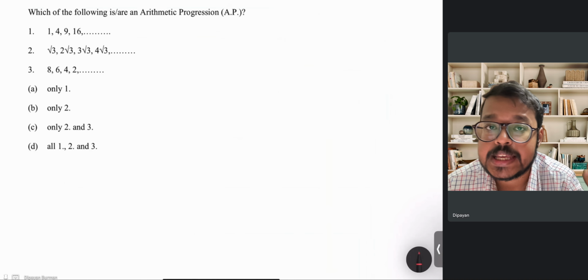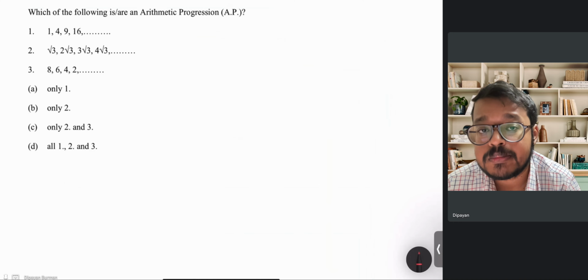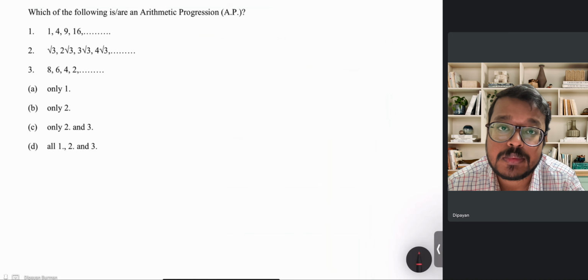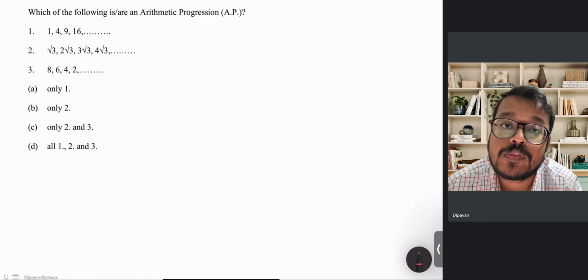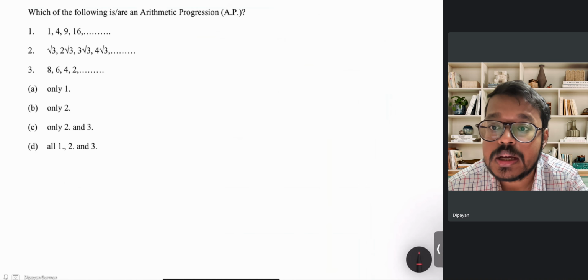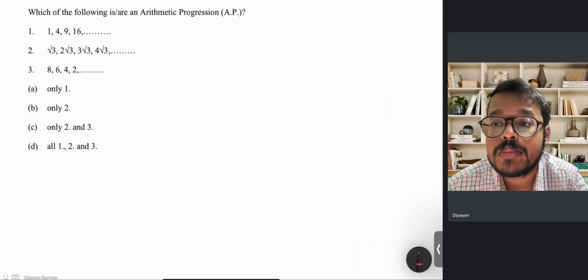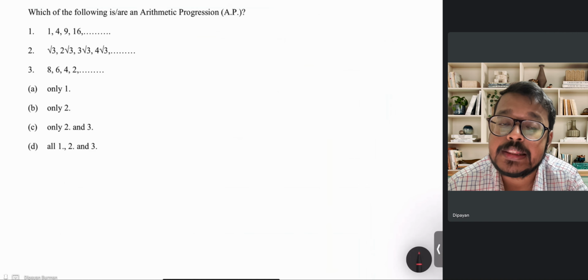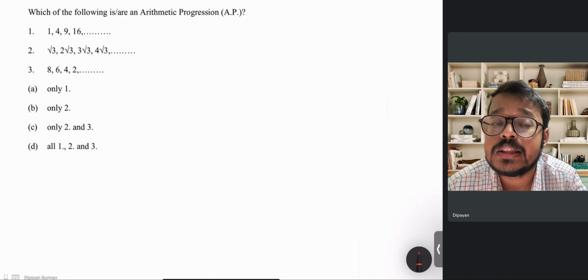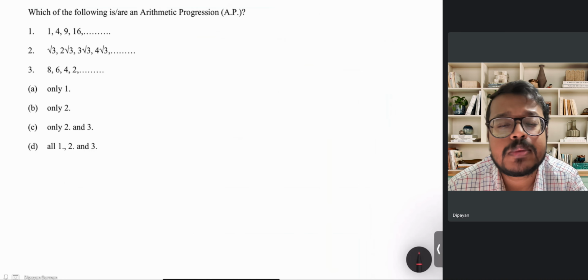Like if I take the second number minus the first number, is that same as the third number minus the second number? And is that also same as the fourth number minus the third number? So I have to check whether the consecutive terms have a common difference. If they do, then that is an AP. If they don't, then that is not an AP. It will be some other kind of a pattern or some other kind of series.